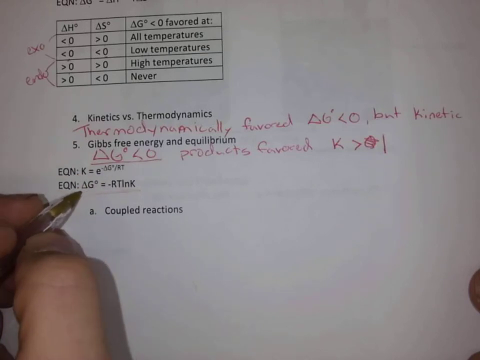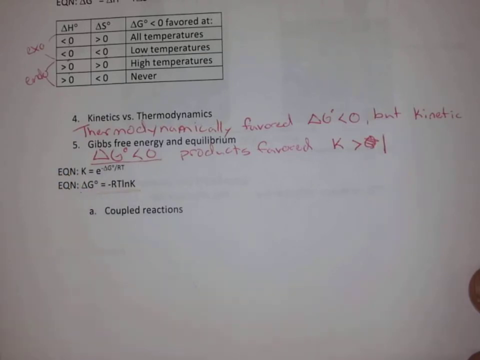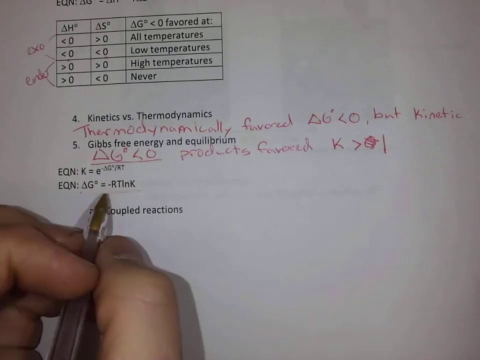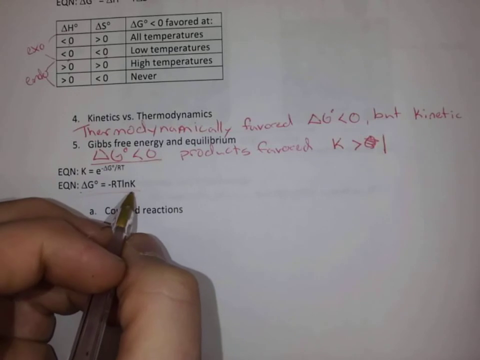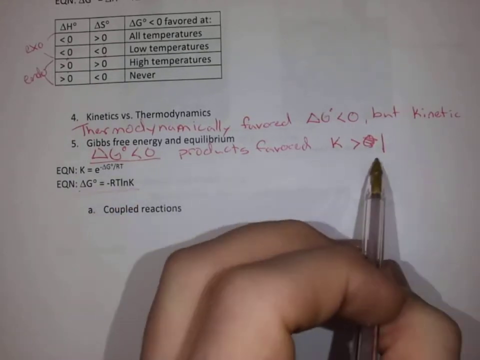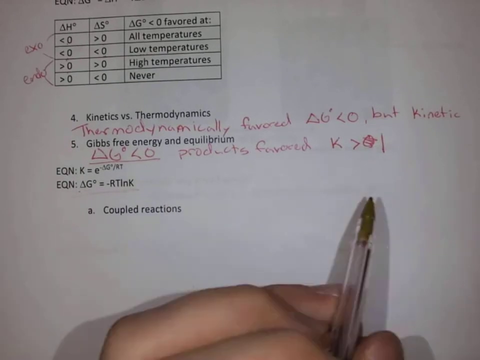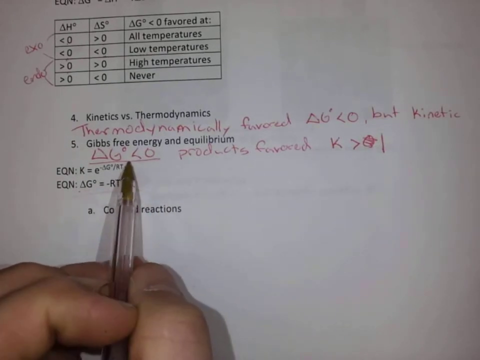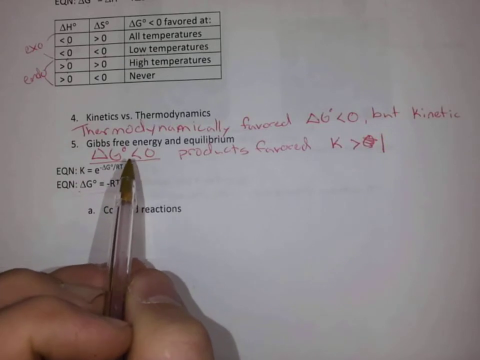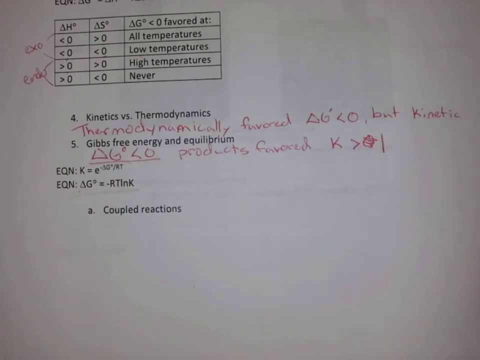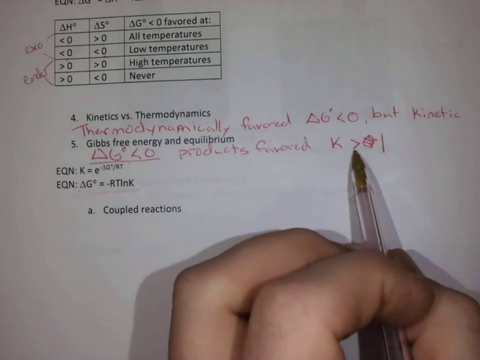So if our delta G is negative, then our K is positive. We are favoring those products. This is a really big point. We really got to know this, that if we have a negative delta G, that is a thermodynamically favored reaction, which means we're favoring those products, which means that our K value is going to be greater than 1.